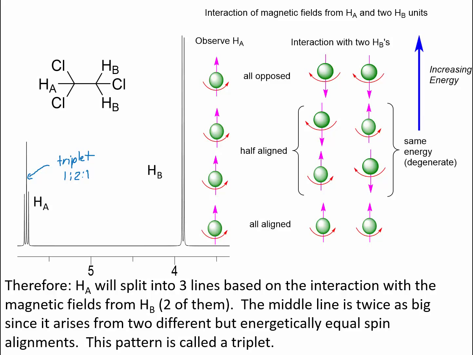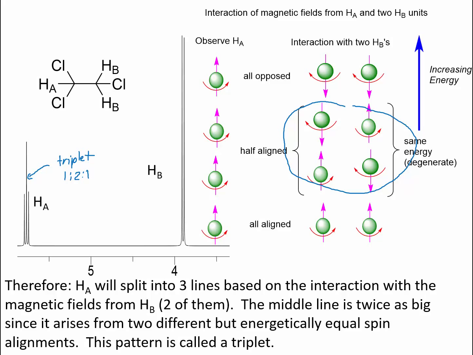These are the same energy, really, or degenerate. And the highest energy situation is where both HBs have the opposite spin configuration of HA. So we have four different spin states, but these middle two are equal to each other. So there's twice as many of them, and this is how we get the triplet in the 1:2:1 ratio.